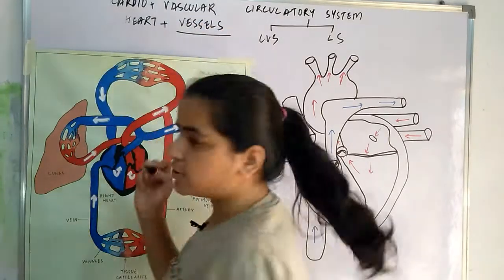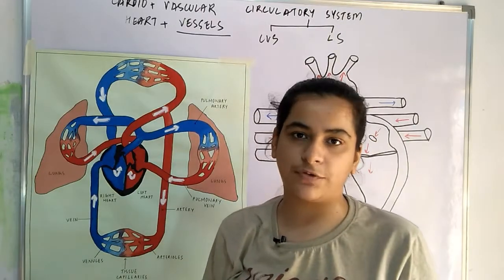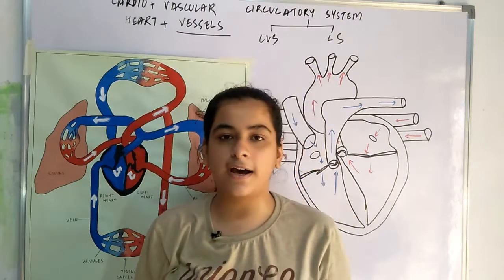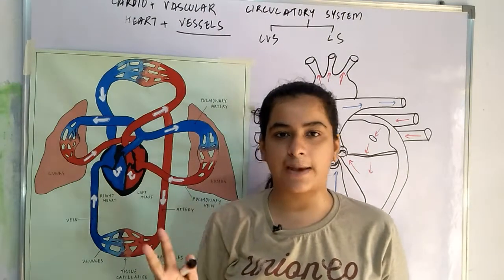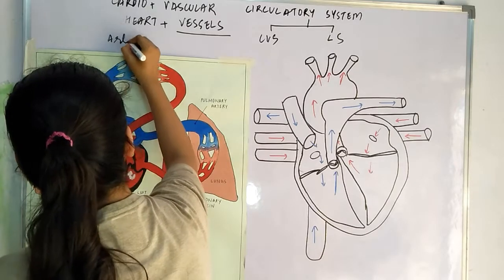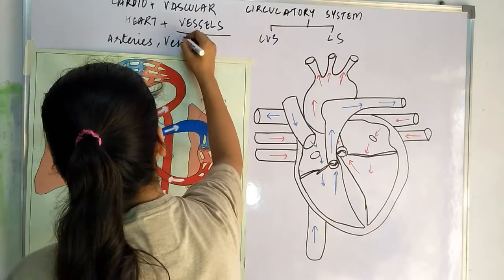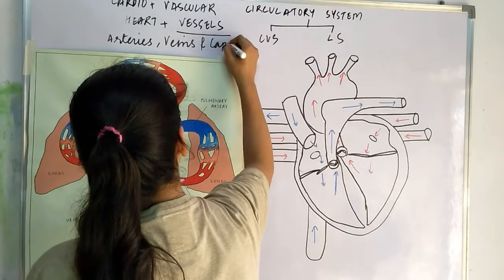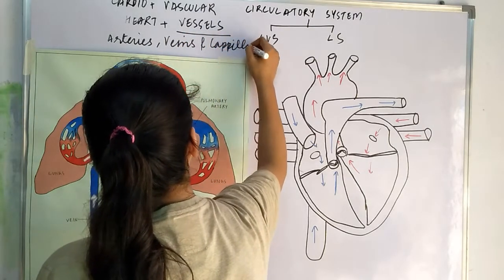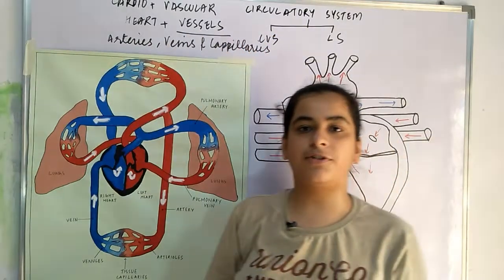What type of vessels do you find in a human body? There are basically three types of vessels in a human body, that are arteries, veins and capillaries. Arteries. What are arteries?